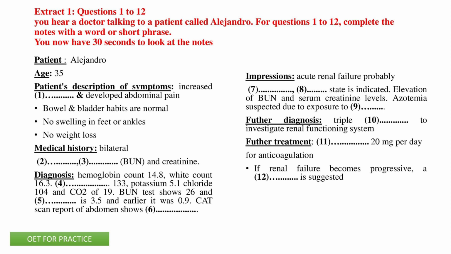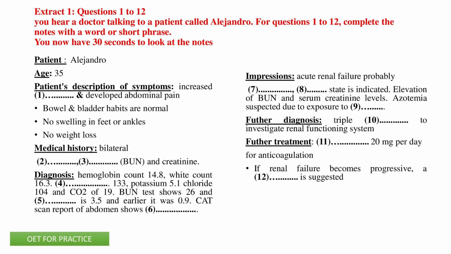Potassium 5.1, chloride 104, and CO2 of 19. BUN test shows 26 and creatinine level is 3.5, and earlier it was 0.9. The CAT scan report of your abdomen shows poor perfusion to your right kidney.